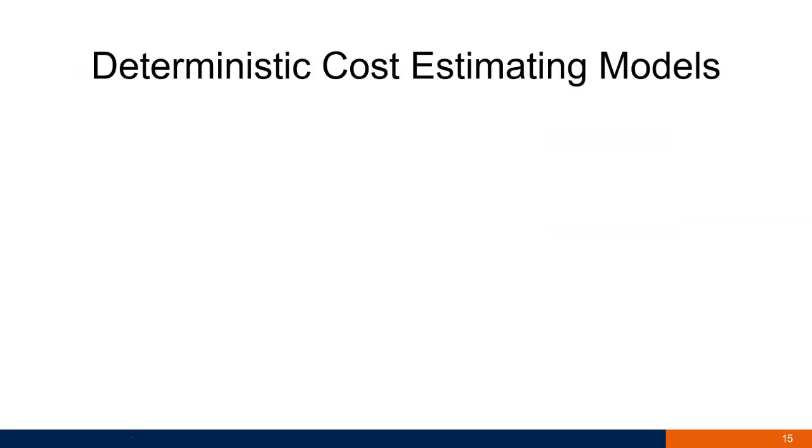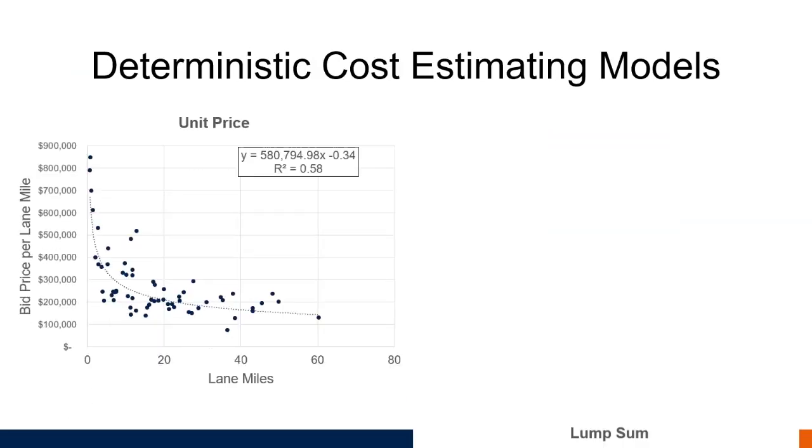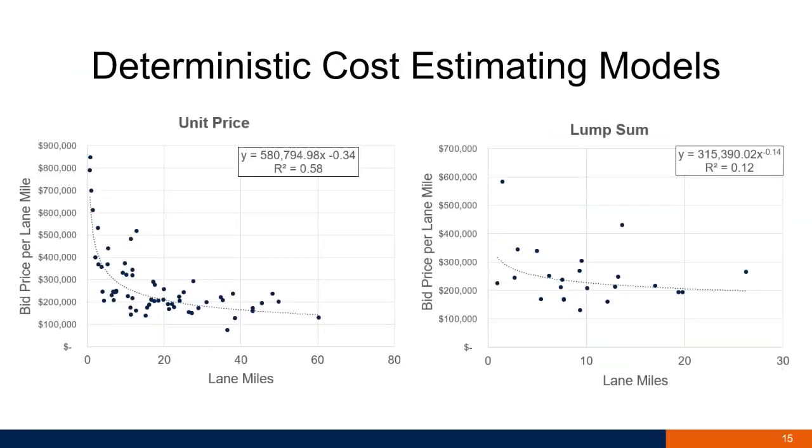So how did we develop the deterministic cost estimating models? We plotted every project by lane miles, and we plotted these numbers as a bid price per lane mile. As you can see, with more lanes in your project, the cost per lane mile goes lower.